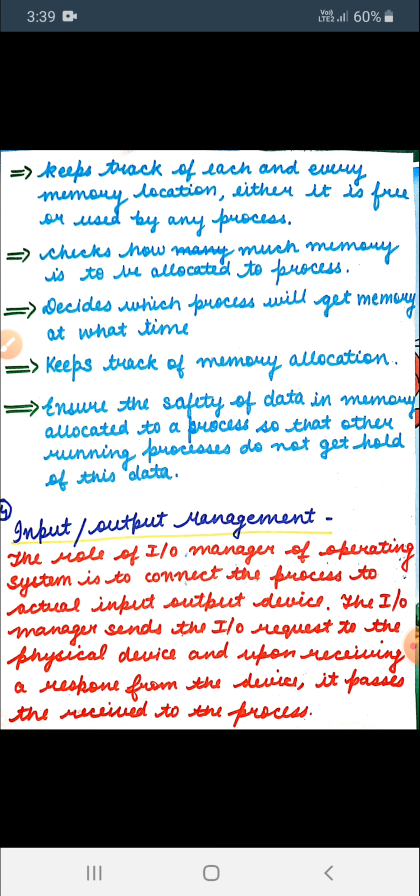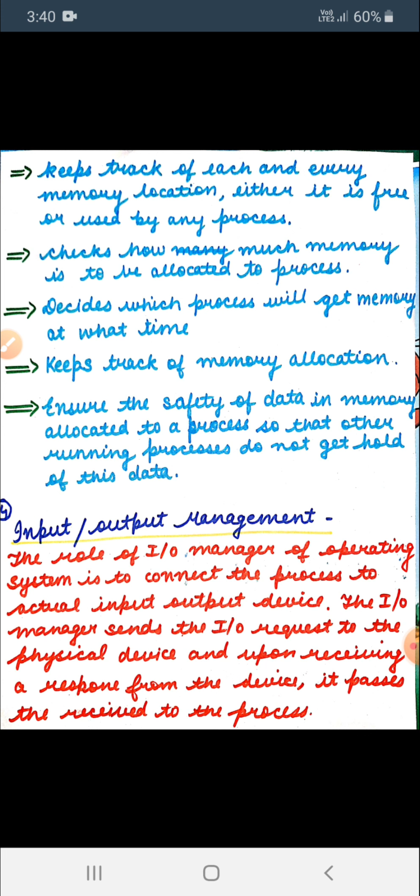First, keep track of each and every memory location. Check how much memory is to be allocated to the process. Decide which process will get the memory at what time. Keep track of whenever some memory gets freed or unallocated, and ensure the safety of data in memory allocated to a process.